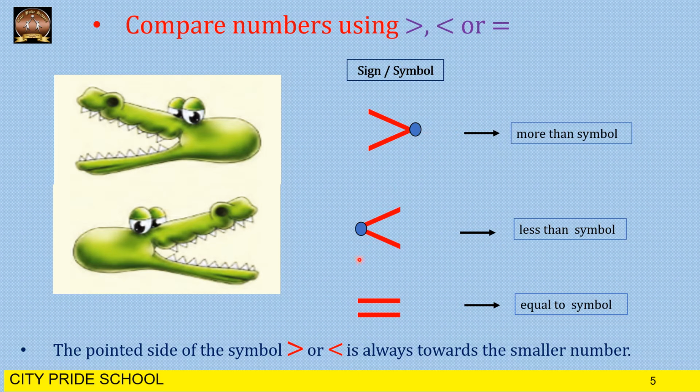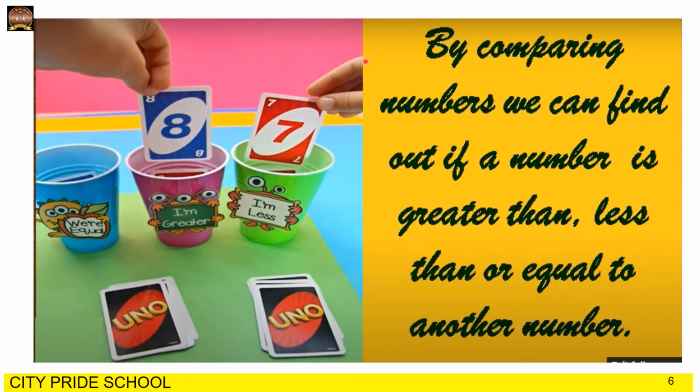Remember that. See here also. This pointed part will always be towards the smaller number. So you have to keep in mind. By comparing numbers, we can find out if a number is greater than, less than, or equal to another number.